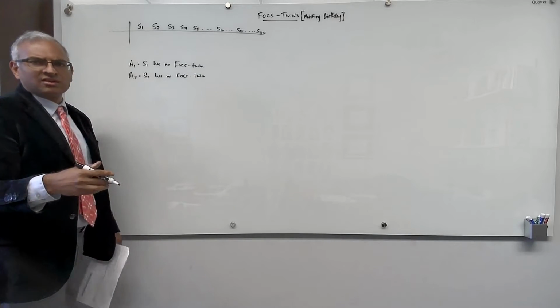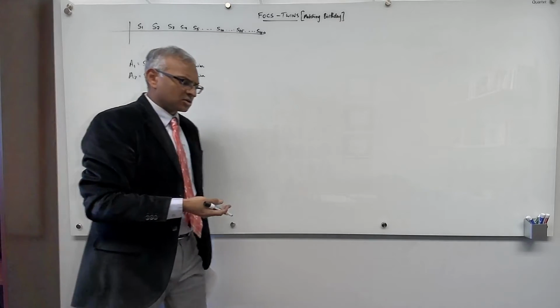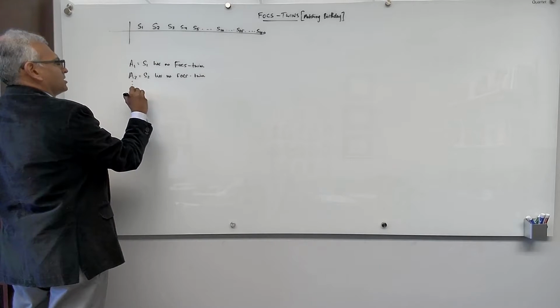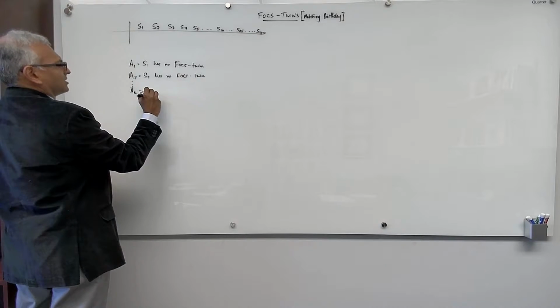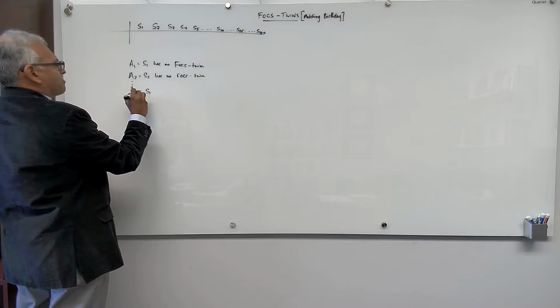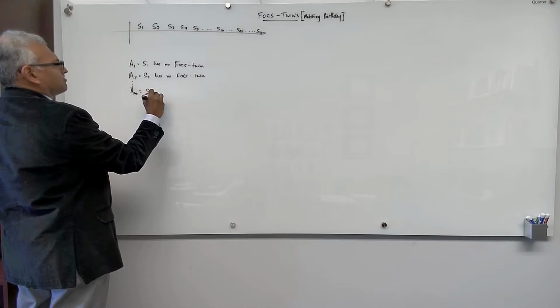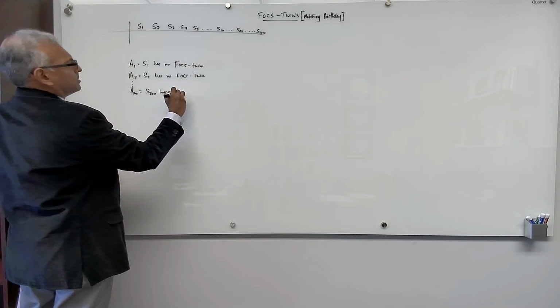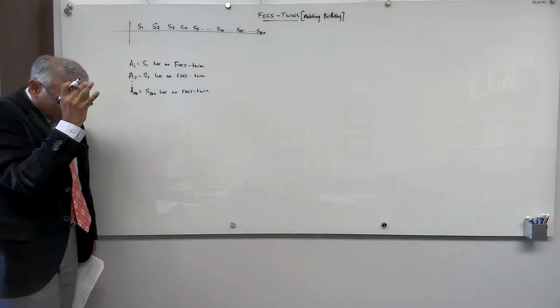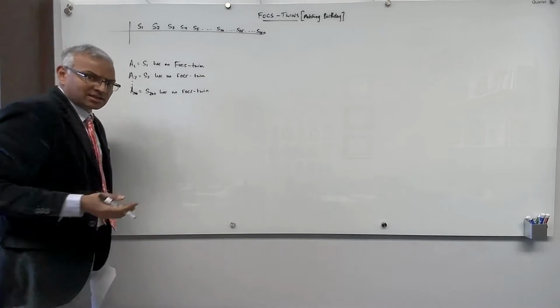Let's suppose that there are 200 students, although we could make this argument for n students. So An is the event that student S200 has no FOCS-twin. And what's going on here? Let's analyze these events.